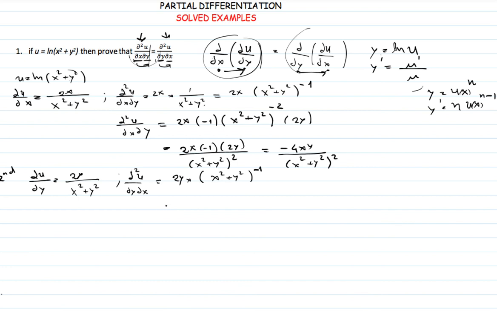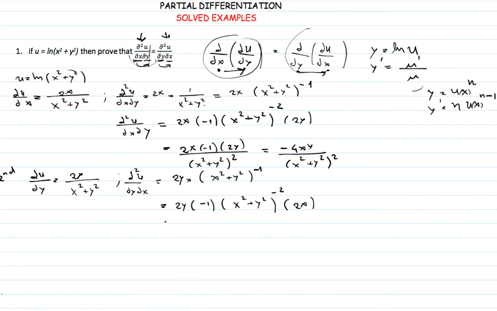So this will become 2y into the same rule applied for the power, minus 1 here. This becomes x squared plus y squared raised to minus 2, and now the derivative of this function with respect to x of this one is going to be 2x.